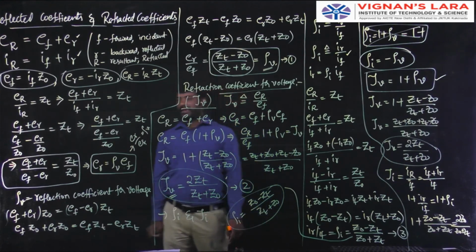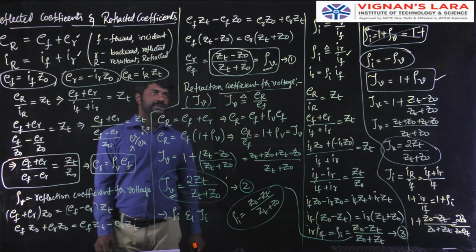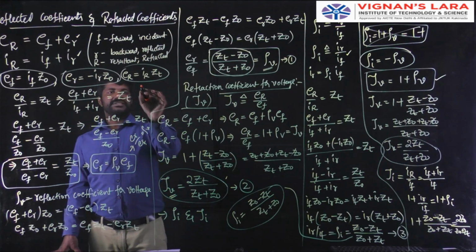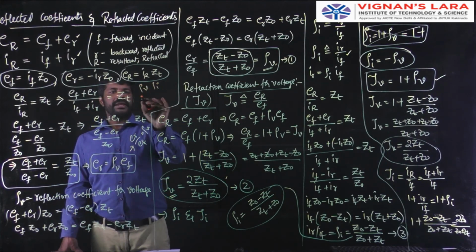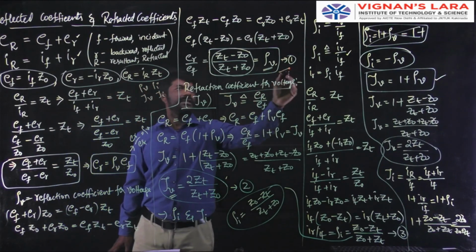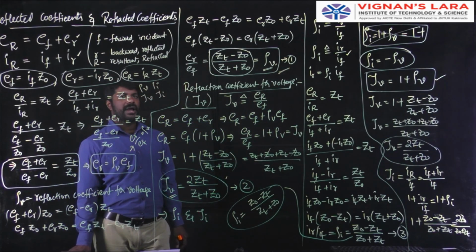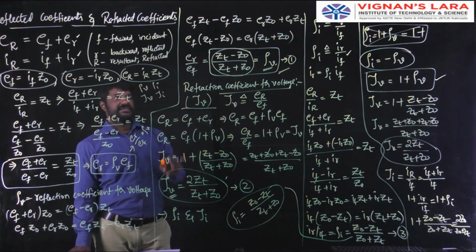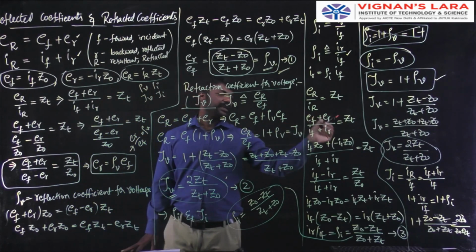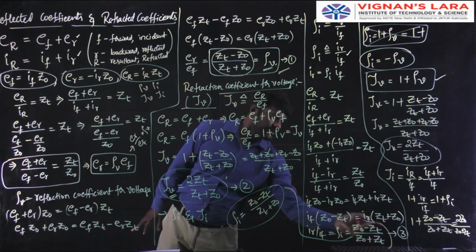Once again we repeat the overall view. Total 4 coefficients are there: rho V, rho I, tau V, tau I. Rho V value, equation 1, is ZT minus Z0 by ZT plus Z0. Rho I value is minus of that, Z0 minus ZT by Z0 plus ZT.